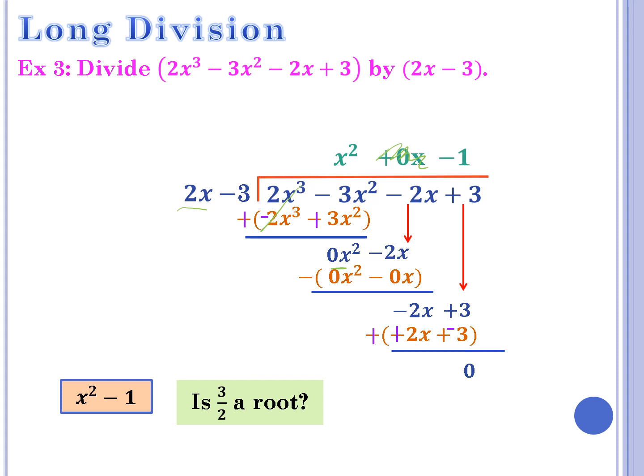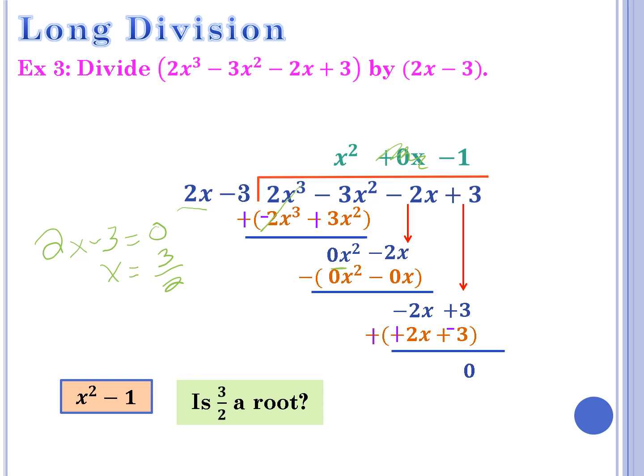Now you're like, okay, wait a minute. Remind me where 3/2 came from. We're saying if 2x minus 3 is a factor and we solve that for x, we get 3/2, then that would become a possible root.